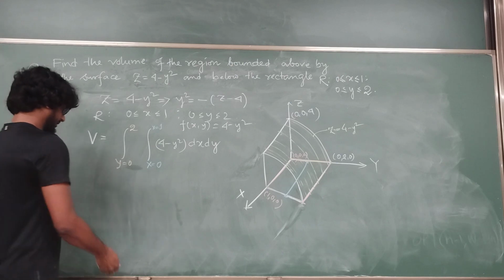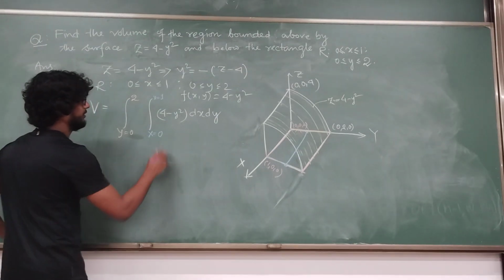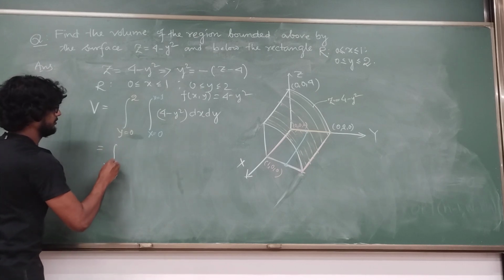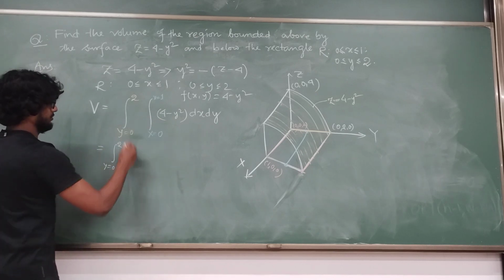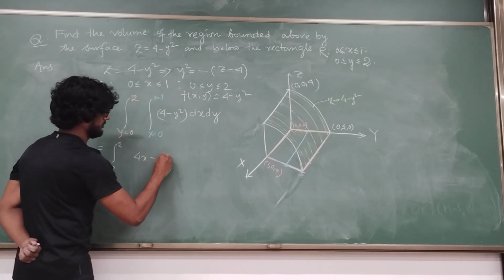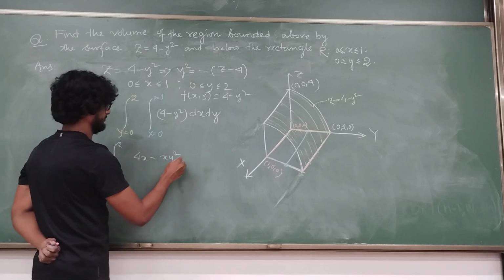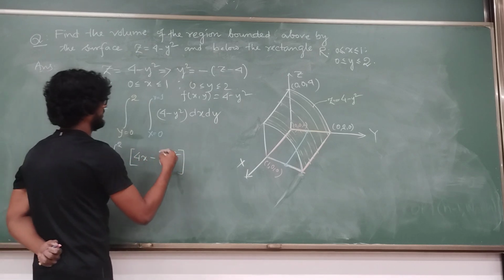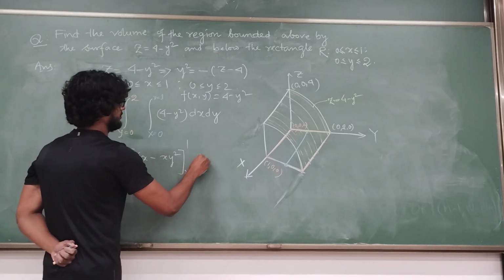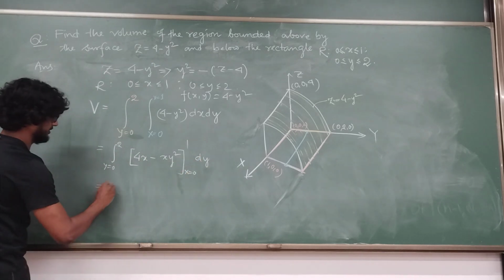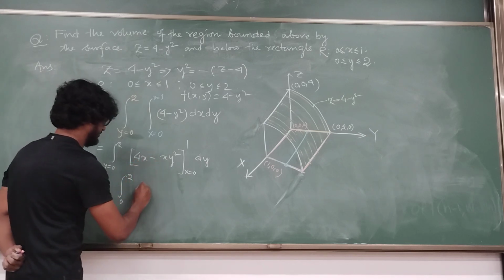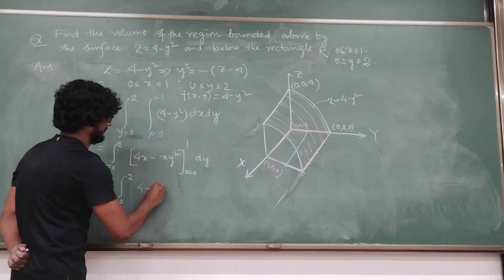As we consider x first, so this will be the integral of y equals 0 to 2 of 4x minus x y square, where y is constant here, with x from 0 to 1, dy, which is nothing but the integral from 0 to 2 of 4 minus y square.